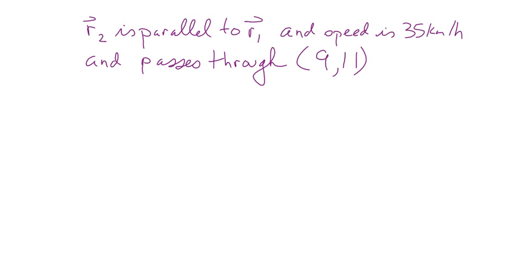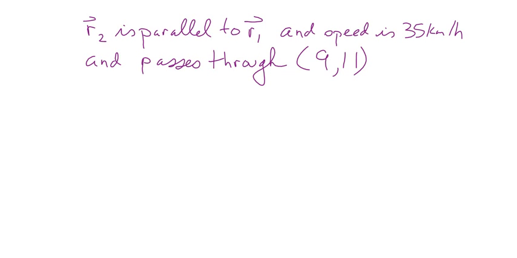So, question is, how are we going to find that then? What are we going to use? R1, R2. R2 is equal to something plus T times the velocity.